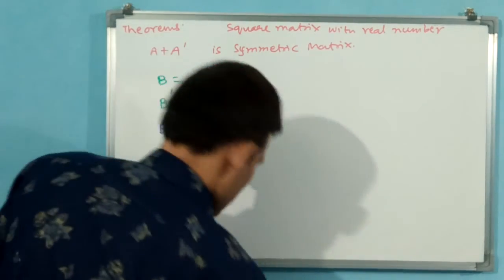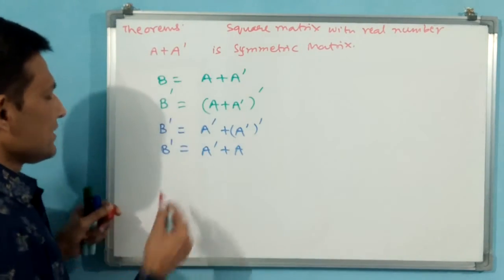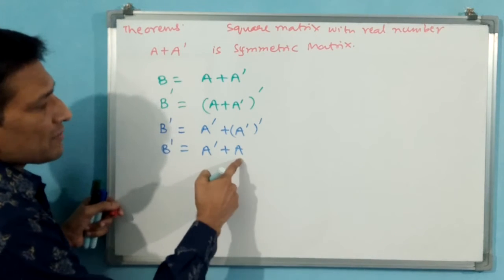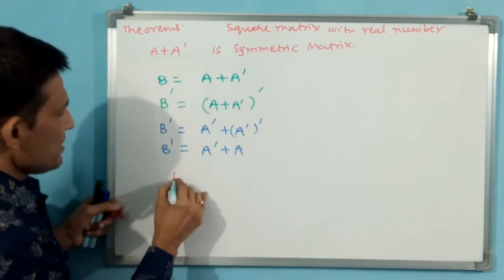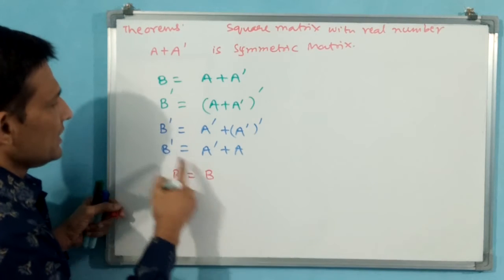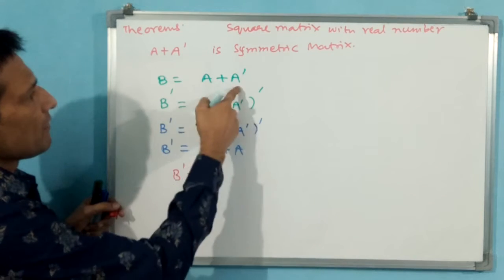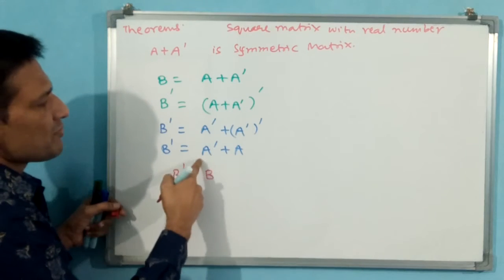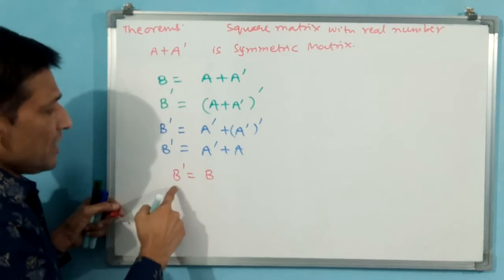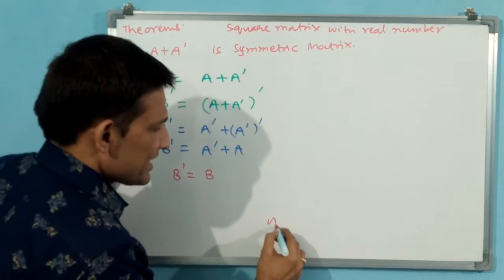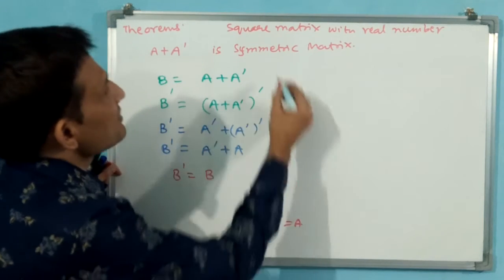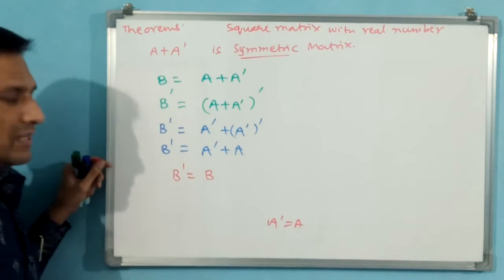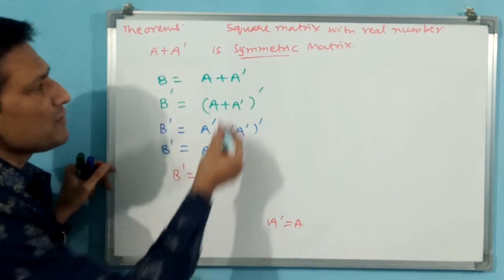Now finally, what can I write? A transpose plus A is equal to B. That means B transpose is equal to B. We have learnt A transpose is equal to A means a symmetric matrix, so B transpose is equal to B means a symmetric matrix.